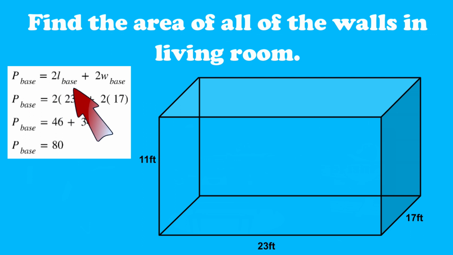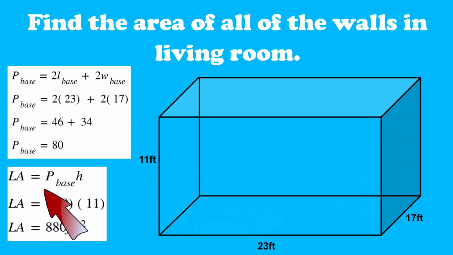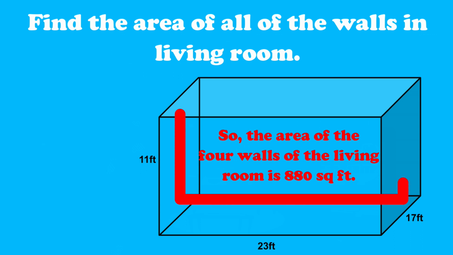So to calculate the perimeter of the base, we take twice the length of the base plus twice the width of the base. 2 times 23 plus 2 times 17 gives us 46 plus 34, which is 80. We plug that back into our lateral area formula. 80 times the height is 880 square feet. So the area of the four walls of the living room is 880 square feet.